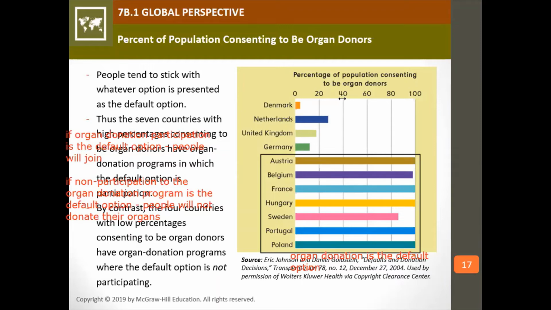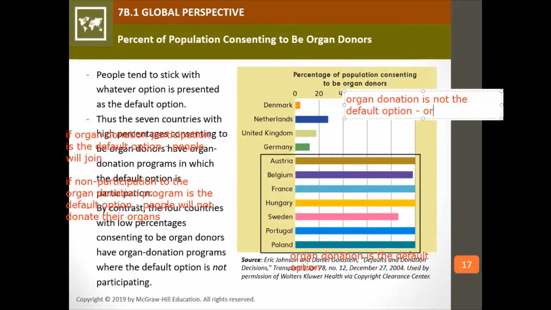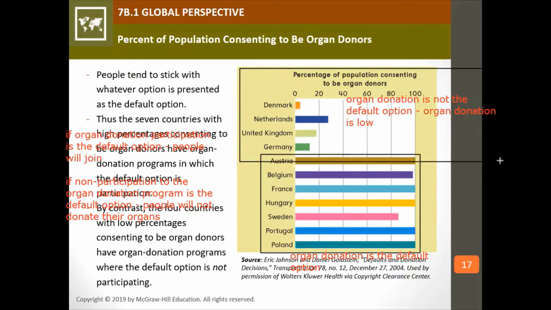In Denmark, Netherlands, United Kingdom, and Germany, organ donation is not the default option, so organ donation is low. However, this is 2004, so it's probably changed since then. This is just an example to show that organ donation being the default option is key to having high organ donation rates.